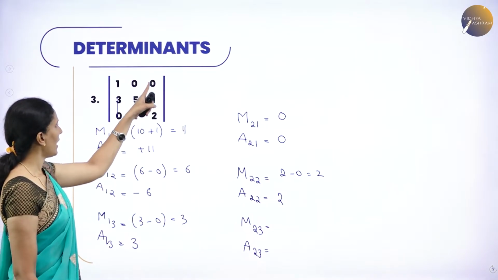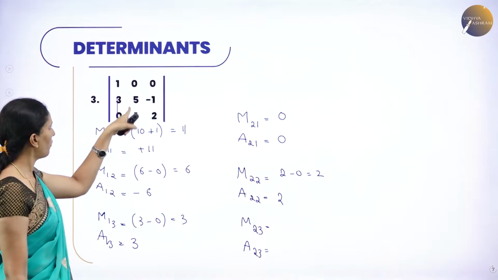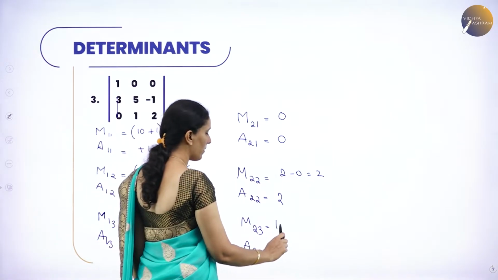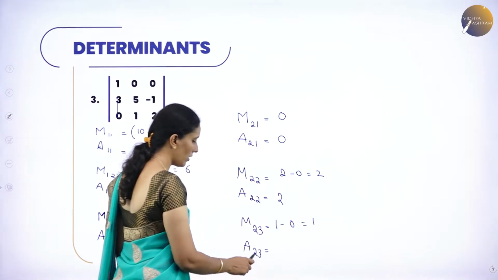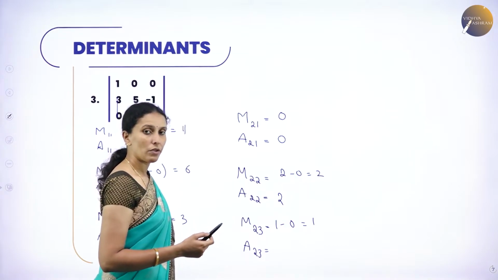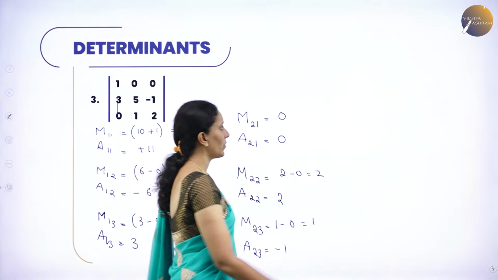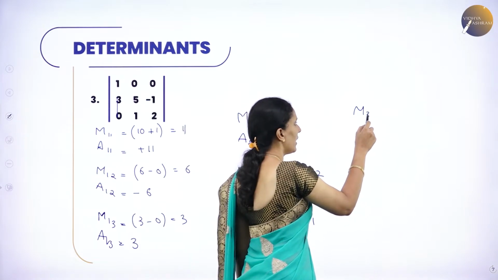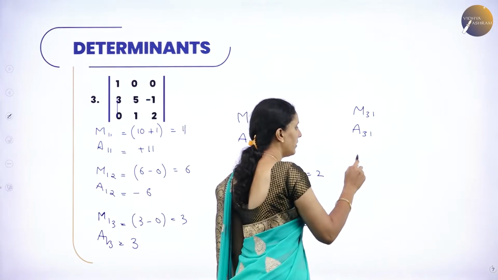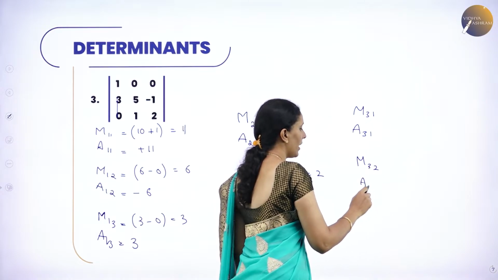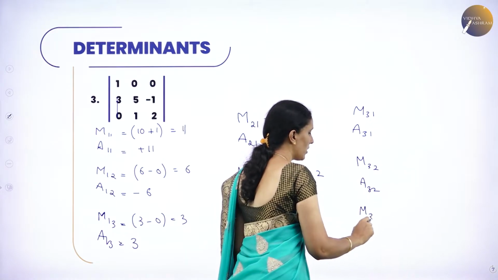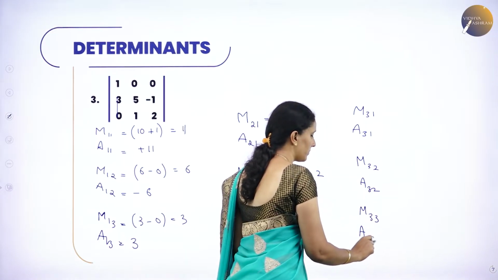For -1, delete the column and the row, 1 minus 0 we have, which is equal to 1. 2 plus 3 is 5, (-1) whole power 5 is -1, -1 into 1 is -1. Next we have M31, A31, M32, A32, M33, A33.